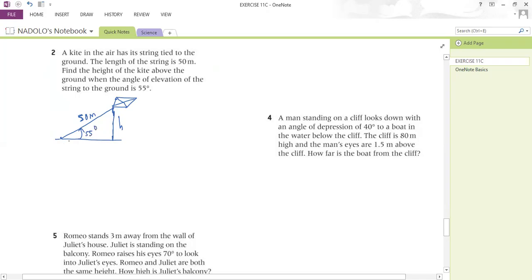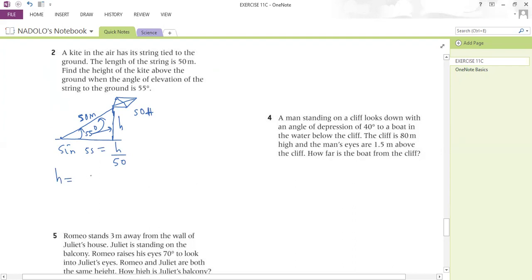Okay, this is the same concept as above, but let's see. This angle will require an opposite side, and we have a hypotenuse. So opposite and hypotenuse, this one should be sine. So sine of that angle equals opposite h over hypotenuse 50. So how do we get h?